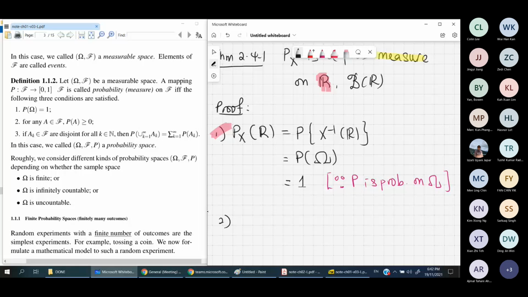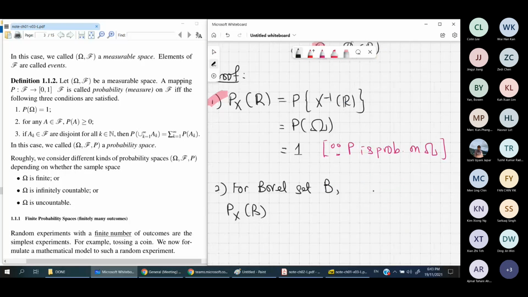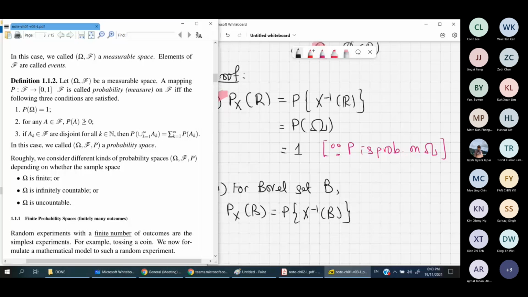Next, for a Borel set B, where a Borel set here means an event in R, we have P_X of B. It's the same definition: P of X inverse of B. Again, P is a probability on omega, so P of any event must be larger than or equal to 0.